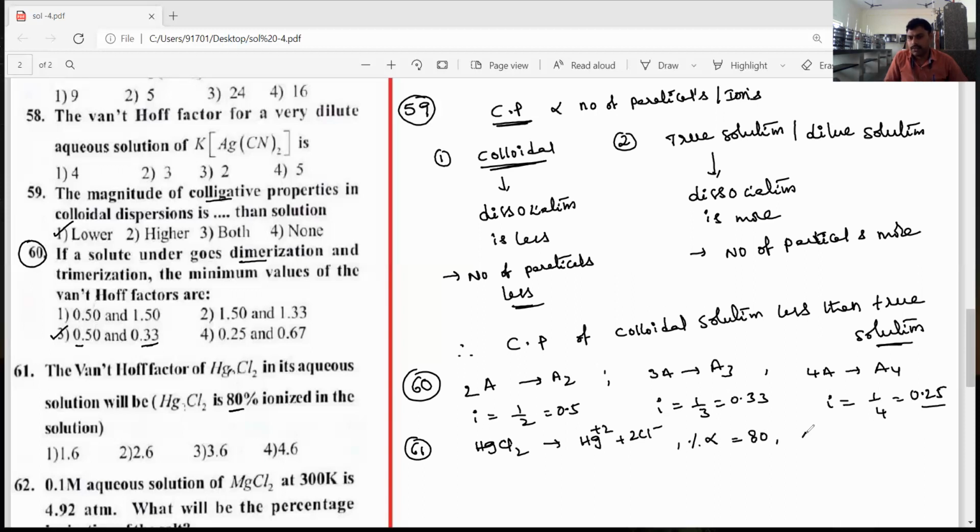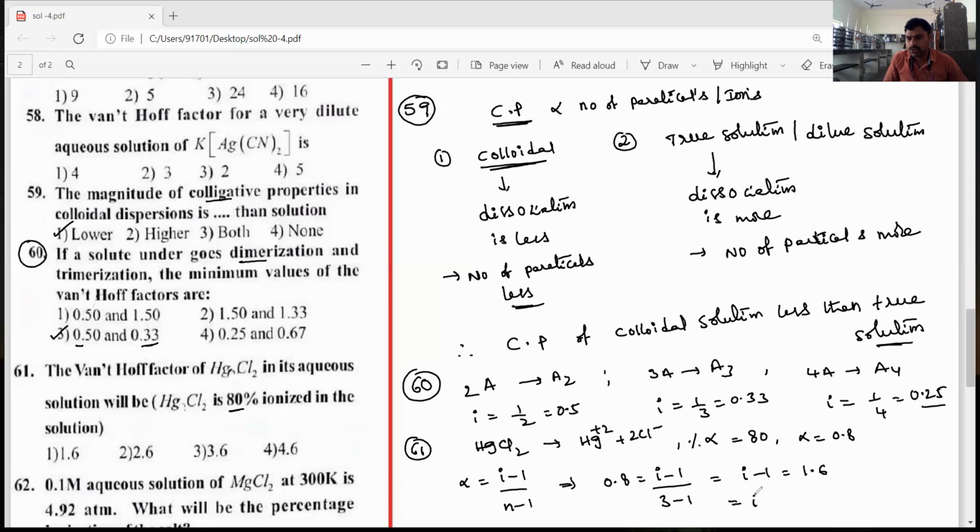Then alpha is equal to 0.8, and we know the relation alpha equals i minus 1 by n minus 1. Now 0.8 equals i minus 1 by 3 minus 1. Okay, dear students, now i minus 1 equals 0.8 into 2, which is 1.6.